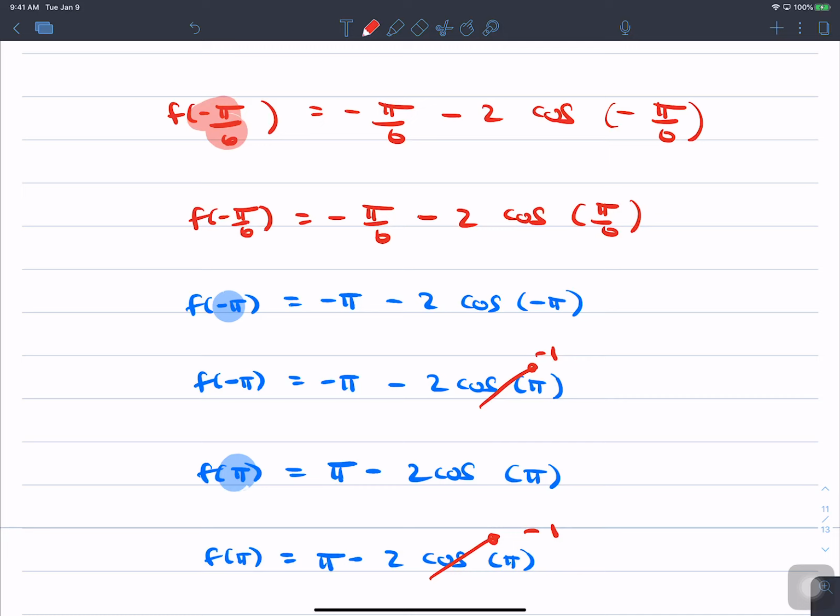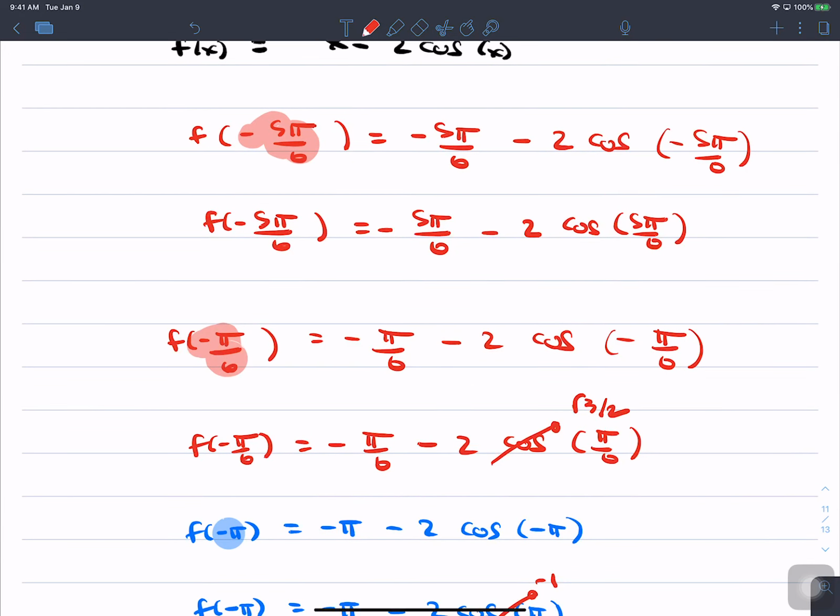Isn't that the square root of 3 over 2? Yeah, so let me do this. Square root of 3 over 2. And then cosine of 5 pi over 6. Right? Cosine of 5 pi divided by 6. What do we get now? Negative.